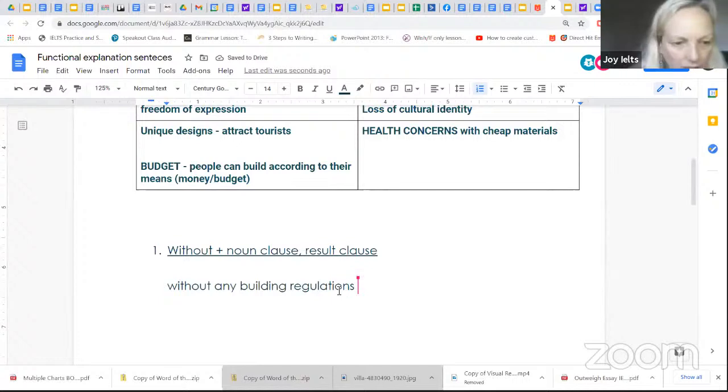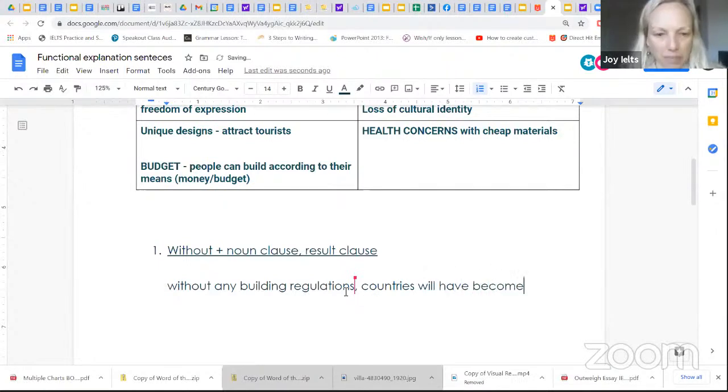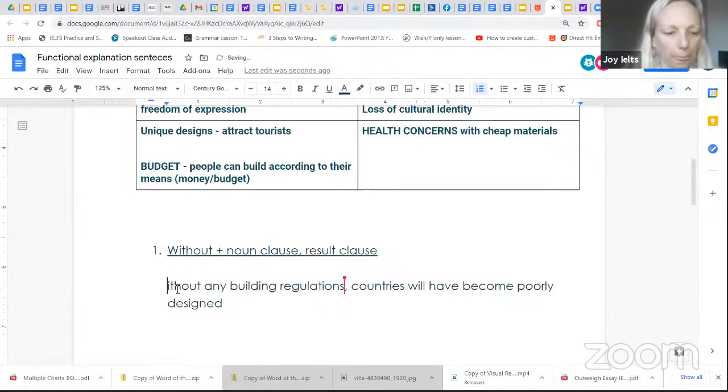Countries will have become. Okay, so I'm going to put your sentence down. We'll just look at the grammar in it. Countries will have become poorly designed, nice collocation, poorly designed. We've just got a tense issue here.